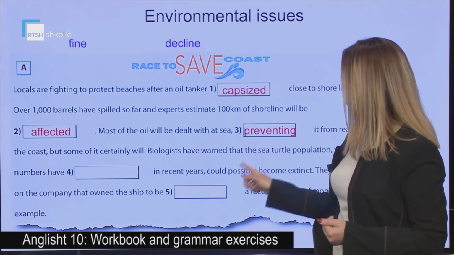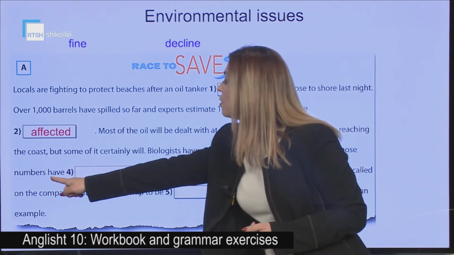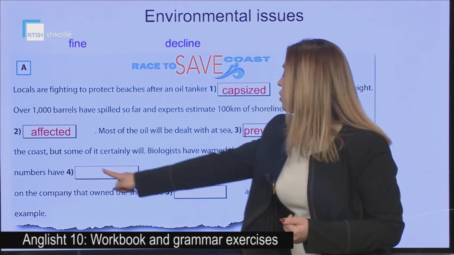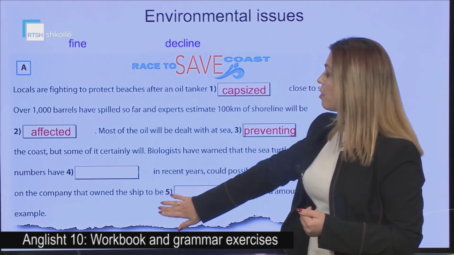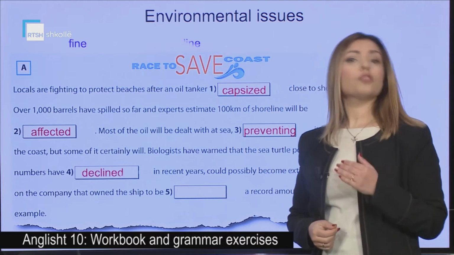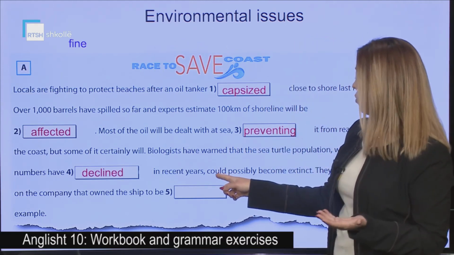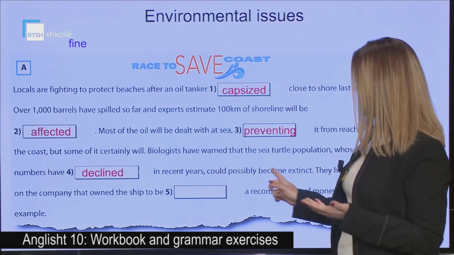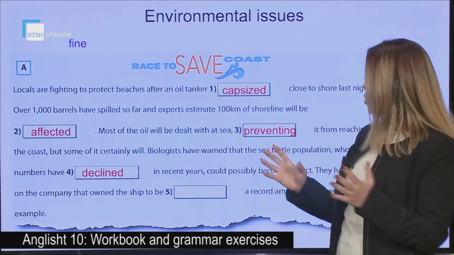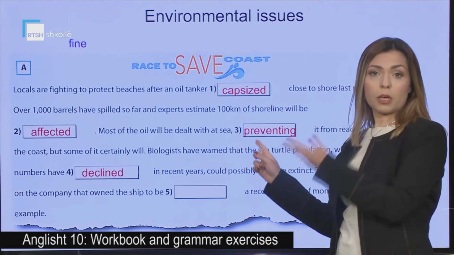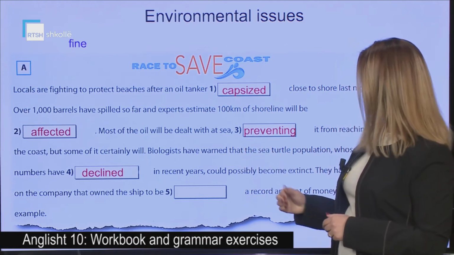Biologists have warned that the sea turtle population, whose numbers have, we need to find the word here, in recent years, when the number goes down, so the number has declined. So this population could possibly become extinct. In the future, there might be no more sea turtles because of this huge problem of the oil spills.